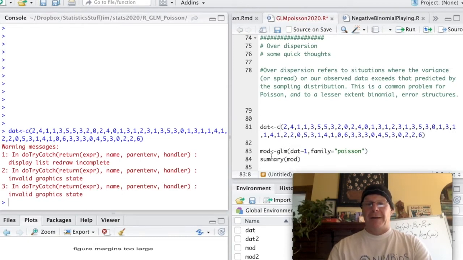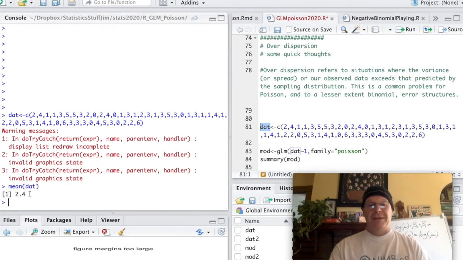I'll make a generalized linear model, and just as in the example before, I'm just going to estimate the intercept. All I really want to do is estimate what that lambda parameter is. And we know what the point estimate is for that, because all we have to do is take the mean. That is our maximum likelihood estimate for the parameter lambda that these data were drawn from.